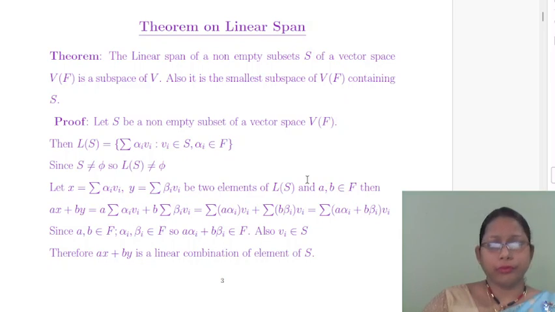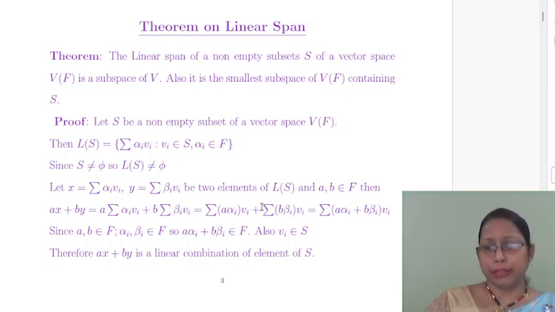Next, we consider a and b to be elements of the field, then we check what ax plus by is. Our ax plus by will be a times x, that is summation alpha i vi, plus b summation beta i vi, which is equal to summation a alpha i vi plus summation b beta i vi, which is equal to this one.